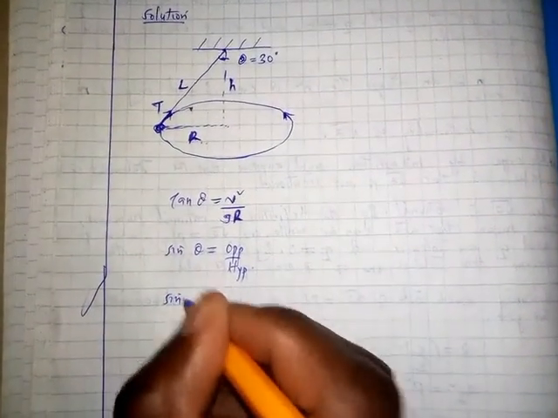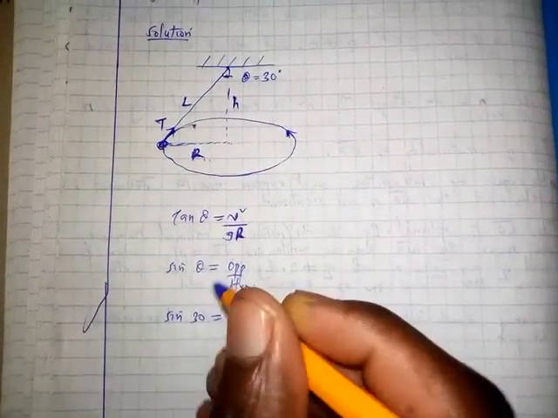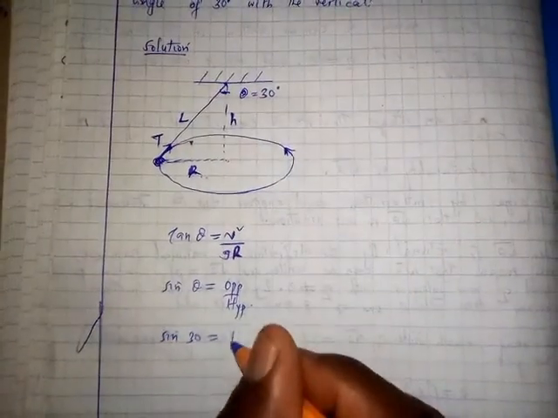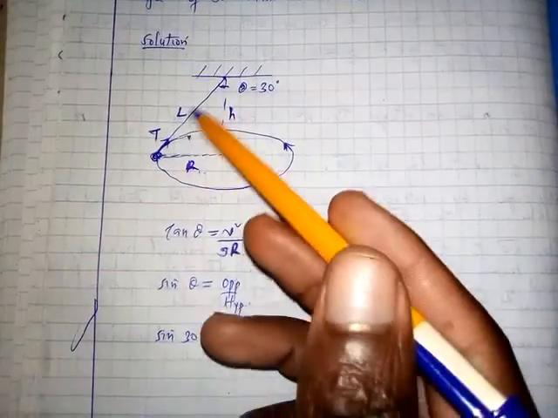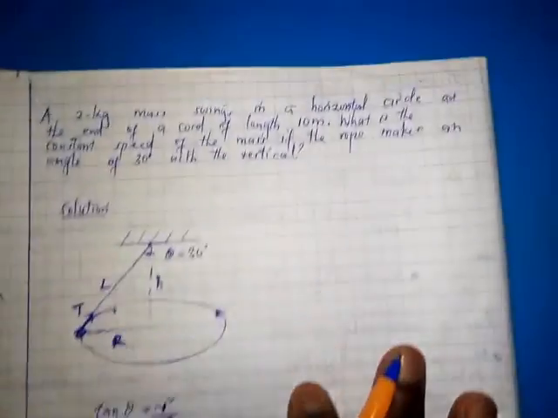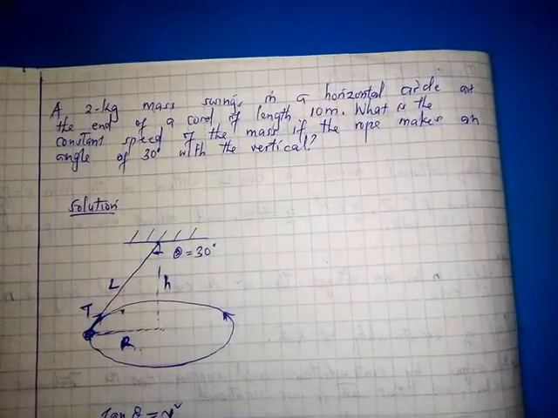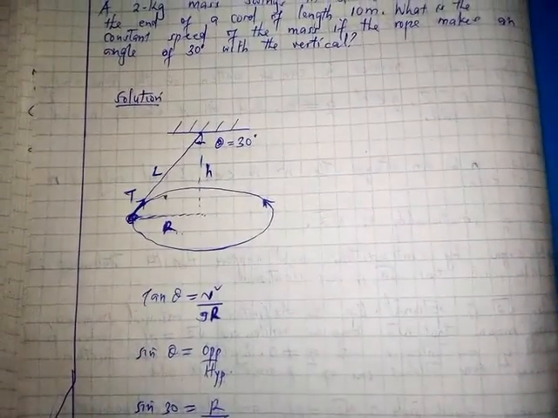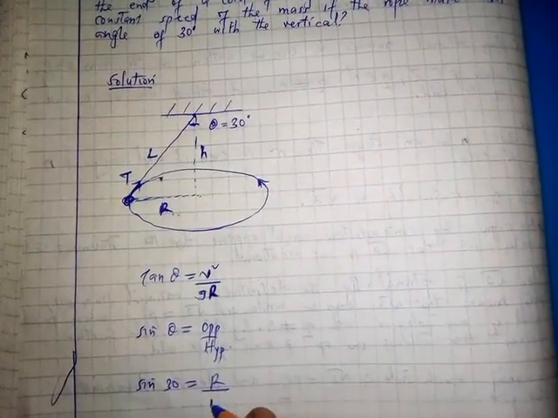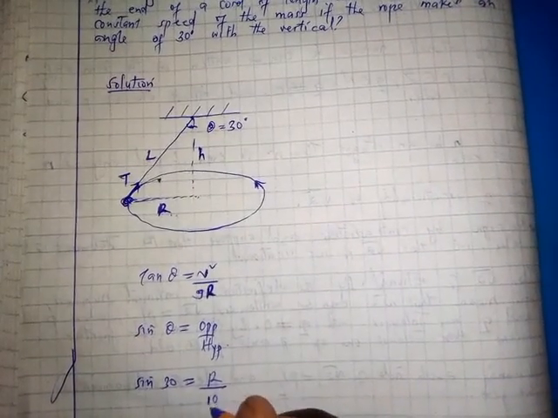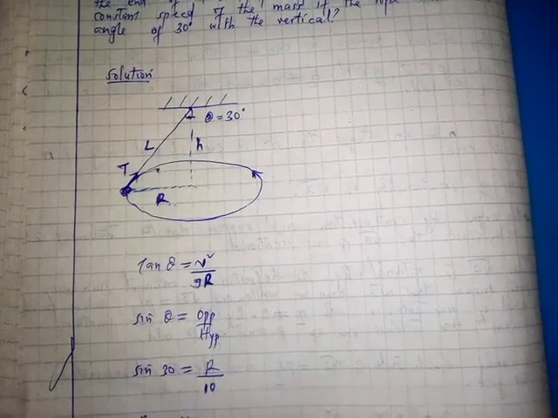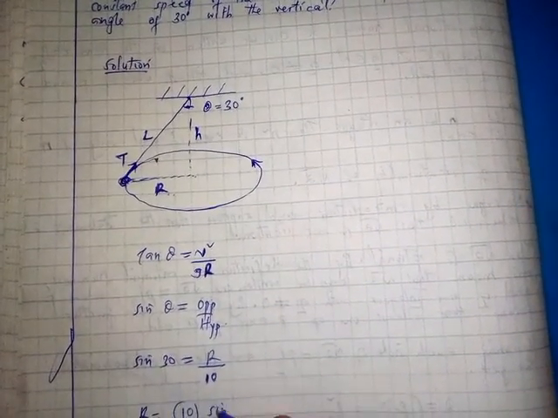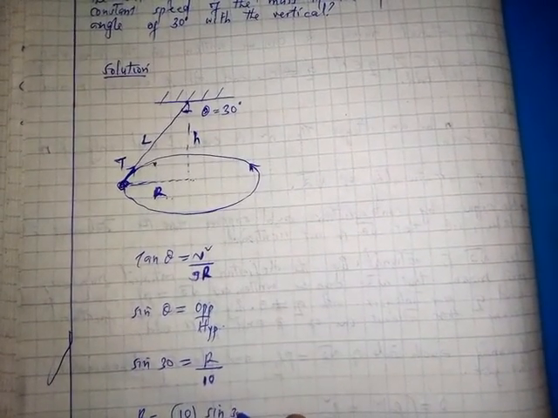So sine theta is given by opposite over hypotenuse. So sine 30, what's the opposite? Opposite is r over the hypotenuse L. From the question we are given it is 10 meters, over 10, so that r is equal to 10 times sine 30.